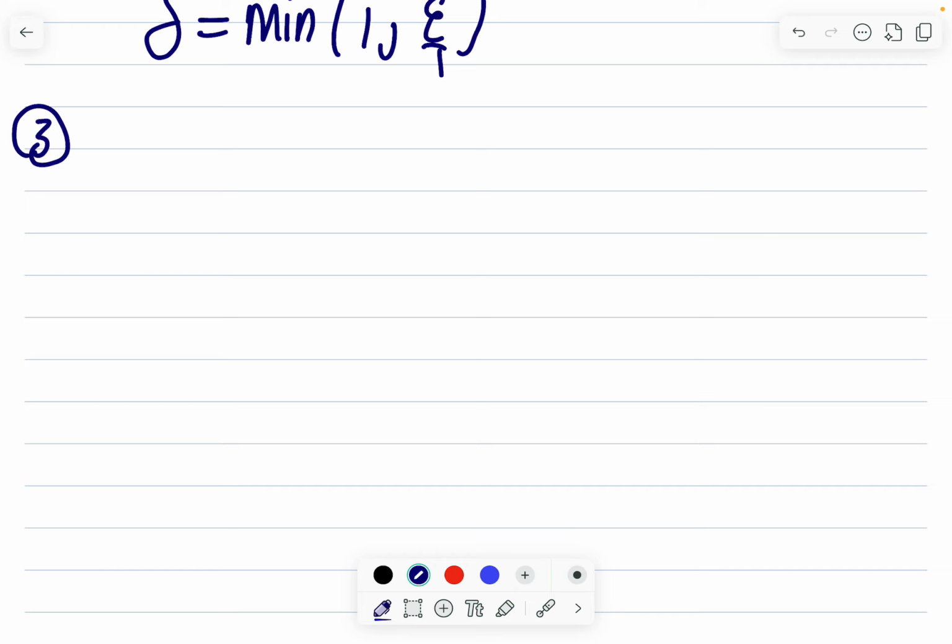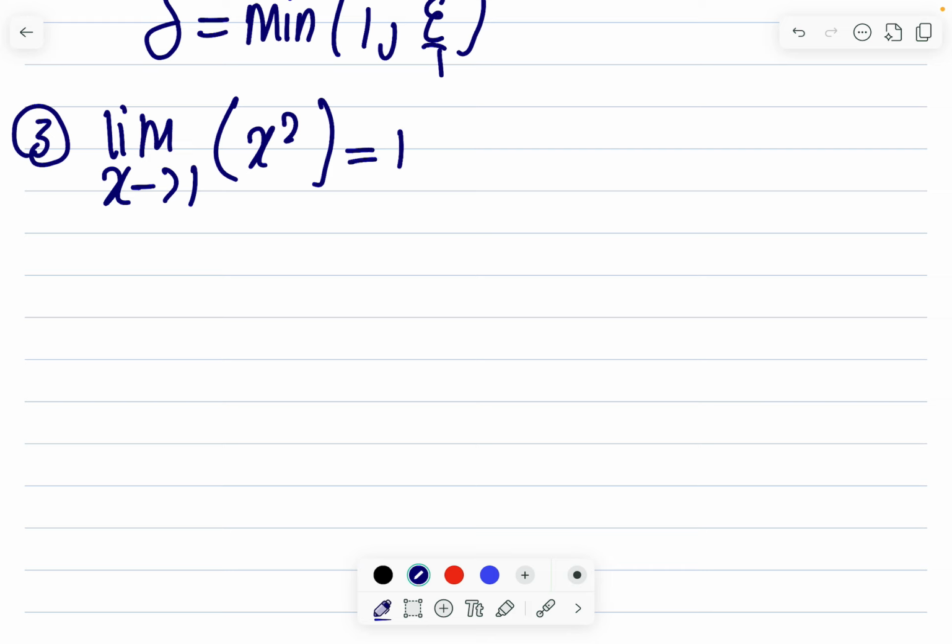Question number 3 is the limit as x approaches 1 of x squared equals 1. They are saying use the formal definition of a limit to show that. The first step is to insert that value they are telling you about: 1 squared equals 1 is indeed true.